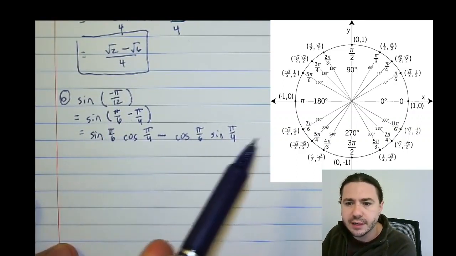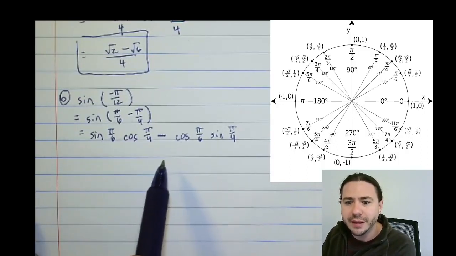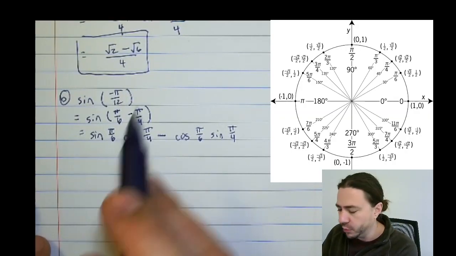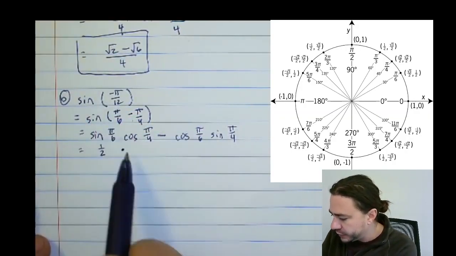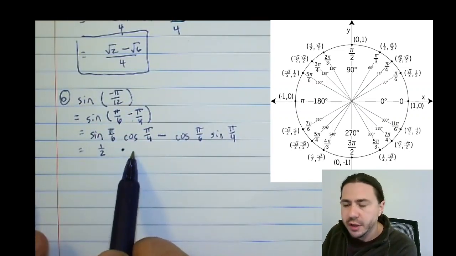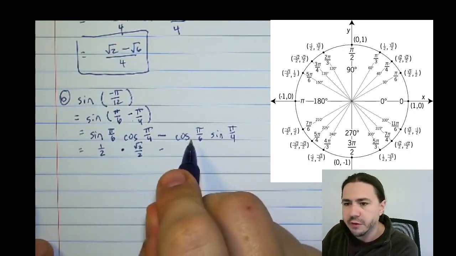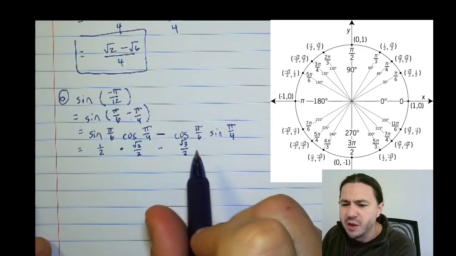So sine of pi over 6, I went ahead and left this unit circle up here for you guys, so we don't have to keep taking it down and putting it back up. Sine of pi over 6 is the y value. That's going to be 1/2 times cosine of pi over 4, which is root 2 over 2. Cosine of pi over 6 is root 3 over 2. I know I'm evaluating these pretty quickly.